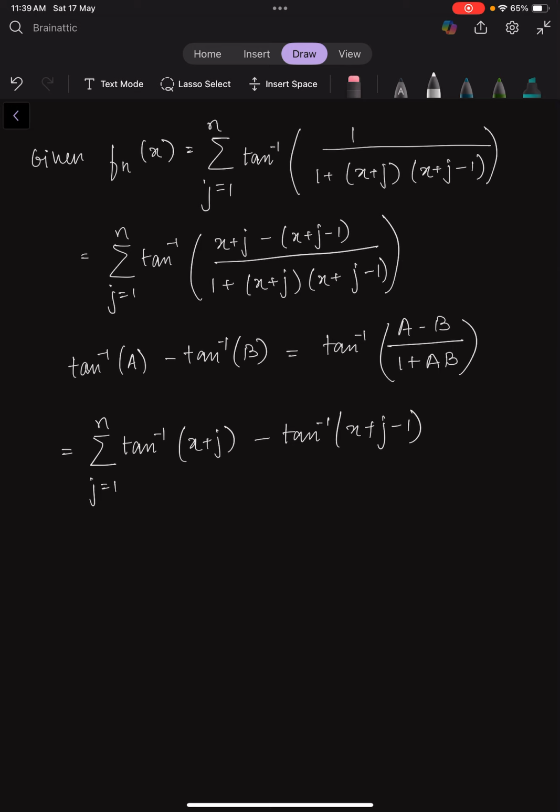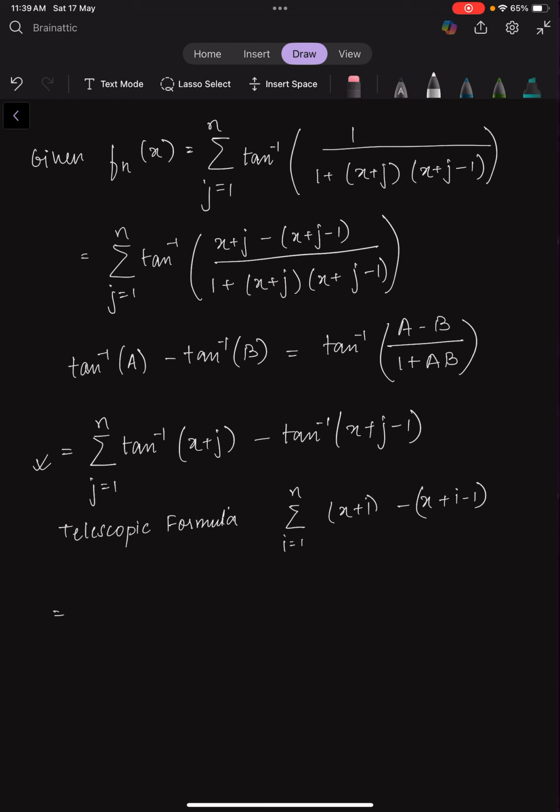Okay, so this is what I get. Now there is something called the telescopic formula, or maybe approach. So what happens is that when you have an expression like the summation over i equal to 1 to n of something like (x plus i) minus (x plus i minus 1), what you're left with is the first and the last term itself. We can check that in this approach itself.